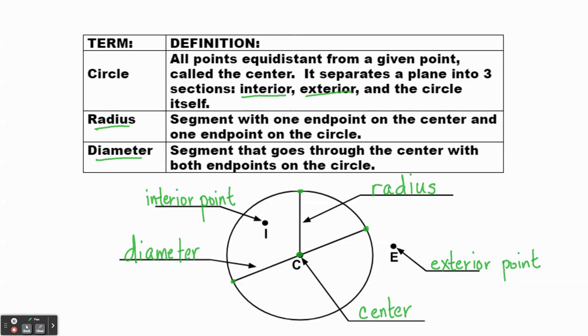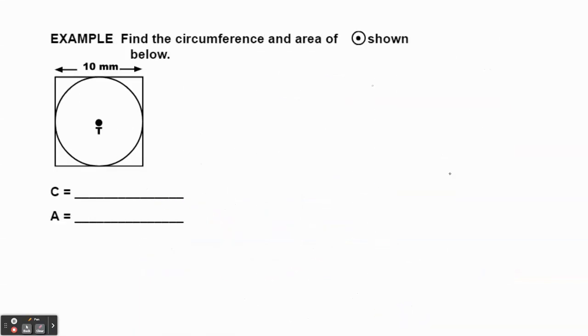Now, let us turn our attention to finding area for our circles. Taking a look at our example here, we are asked to find the circumference. That's a big, long word that just means the perimeter of the circle, and we can find that by doing pi times the diameter, or we can do that as pi times 2 times the radius.